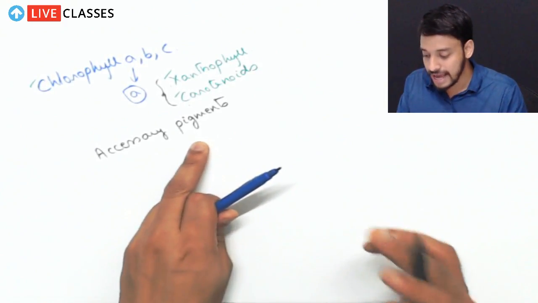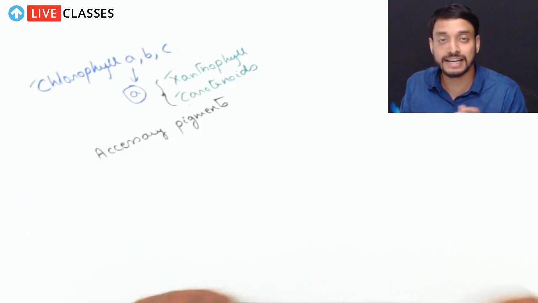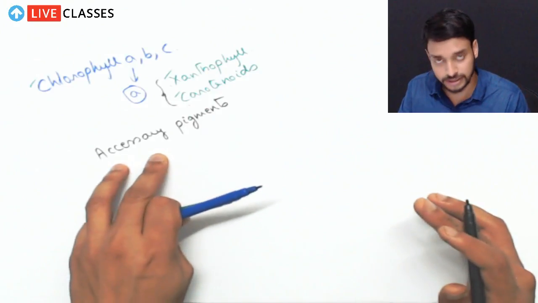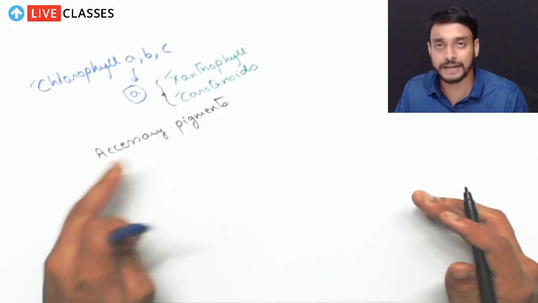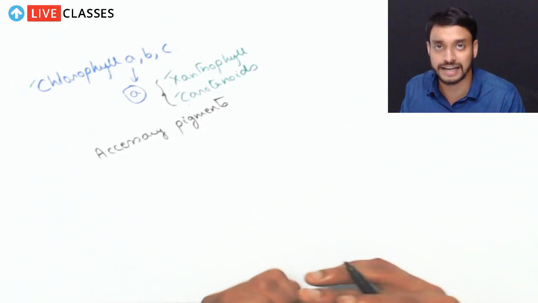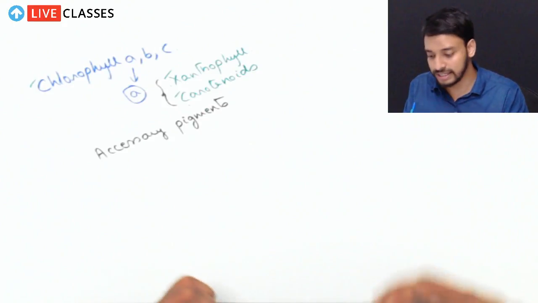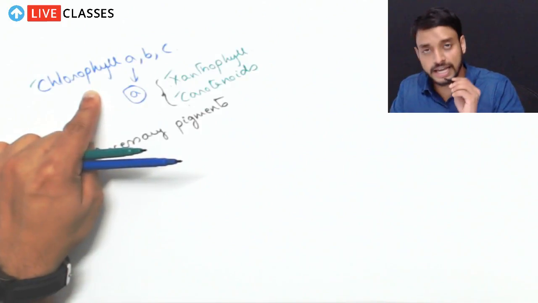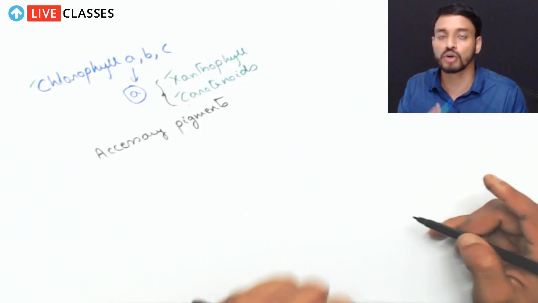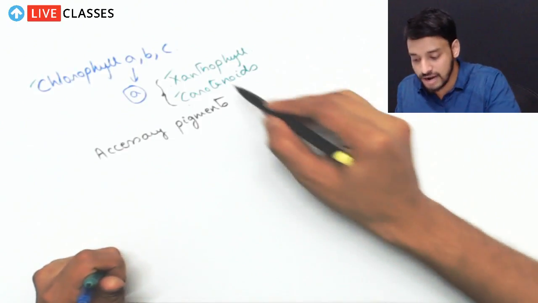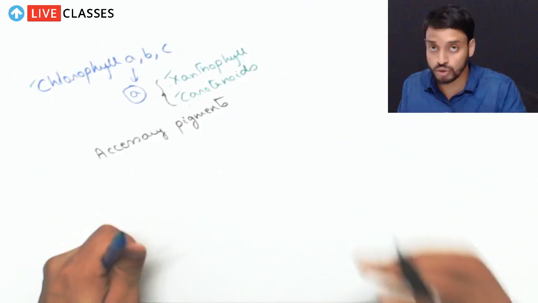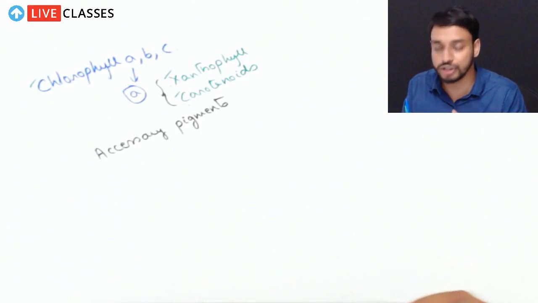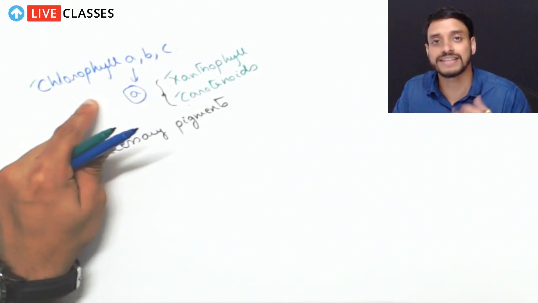Accessory pigments do not directly take part in the photosynthesis process or photoreaction, but they help chlorophyll A to harvest sunlight. In every reaction center there is one chlorophyll A, but there are hundreds of these accessory pigments. These accessory pigments help in extracting sunlight, and they pass this energy on to chlorophyll A so that the reaction can happen.